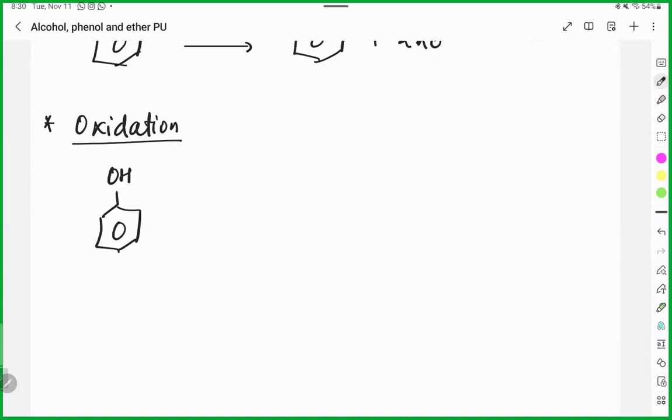Benzoquinone. Remember one thing. If you take a normal alcohol, then it will form an aldehyde, right? If you take a secondary alcohol, then it will form a ketone, right?